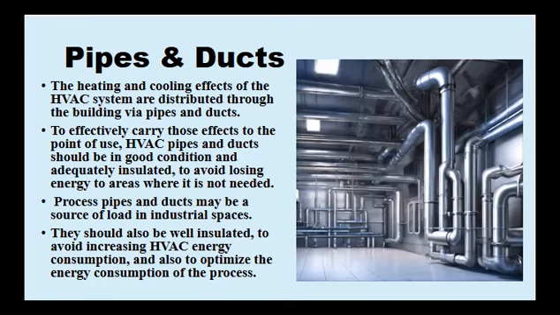In industrial settings, process pipes and ducts can also contribute to the load on the HVAC system, affecting overall energy use. To minimize this impact, it is essential that these pipes and ducts are well insulated, both to reduce additional energy consumption by the HVAC system and to optimize the energy efficiency of the industrial process itself.